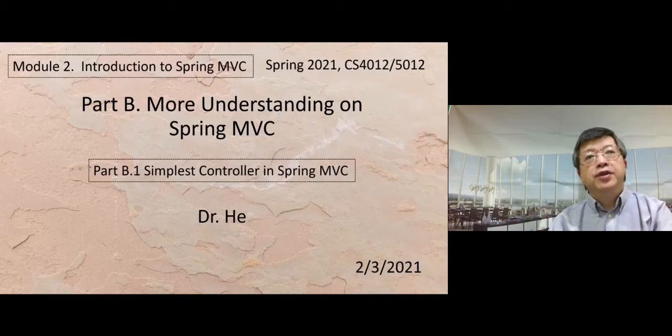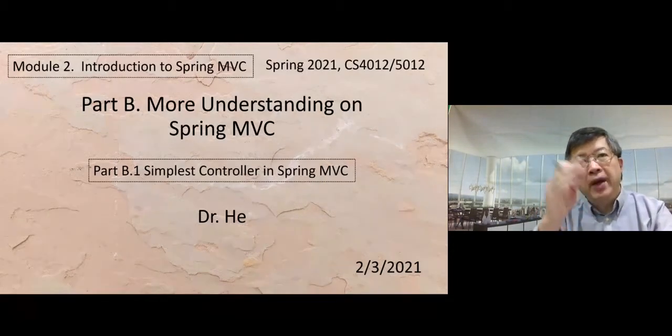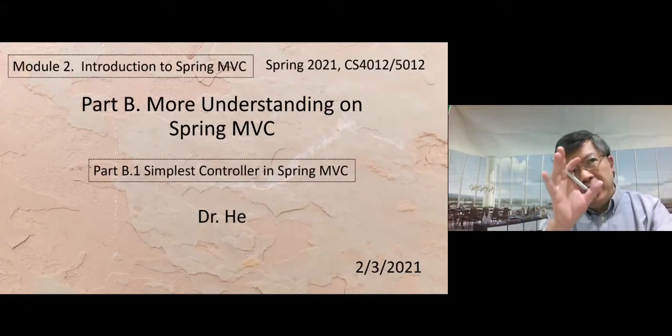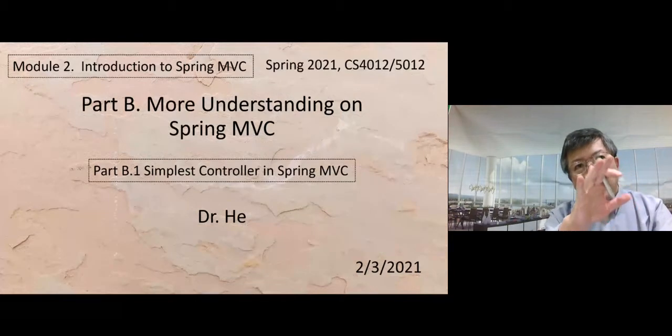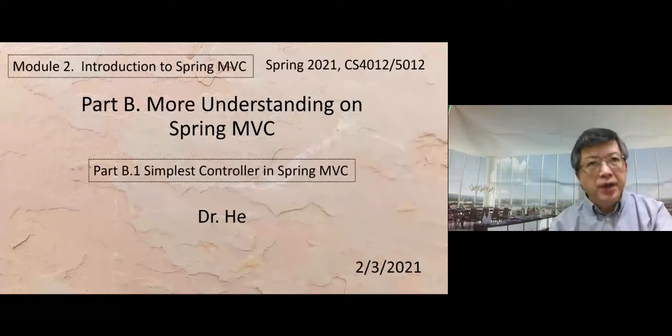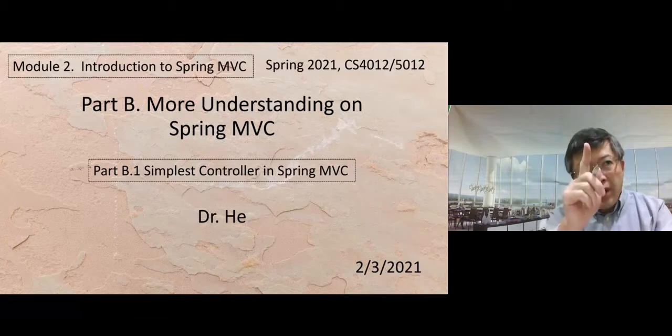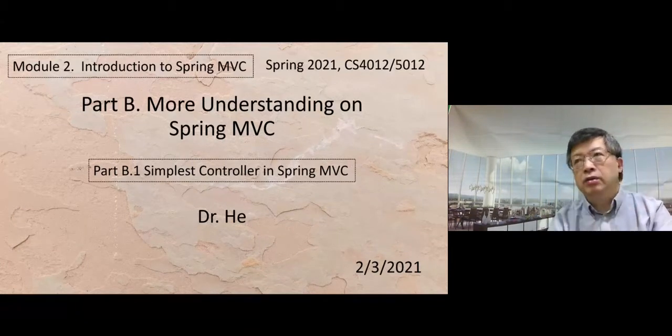Continuing on Spring MVC, B.1, the simplest controller in Spring MVC. We try to understand from the older version, because we need to know a lot of background about Spring MVC. After that, we will do one small project using this old version.